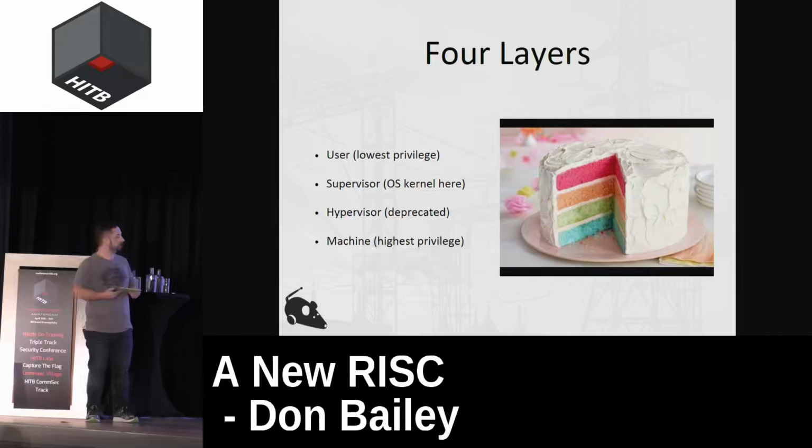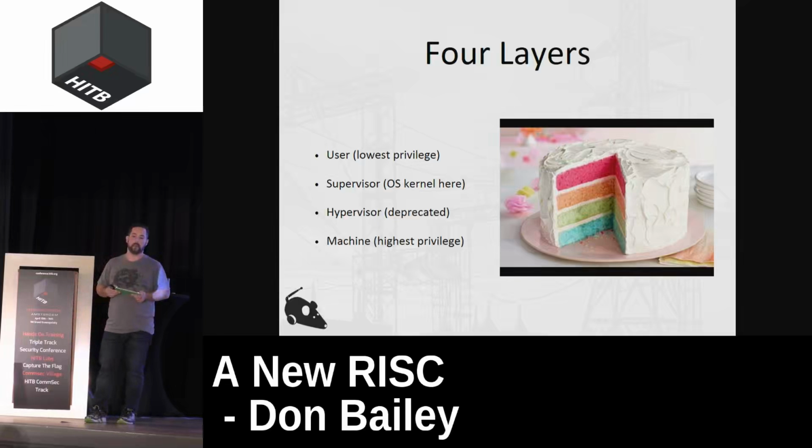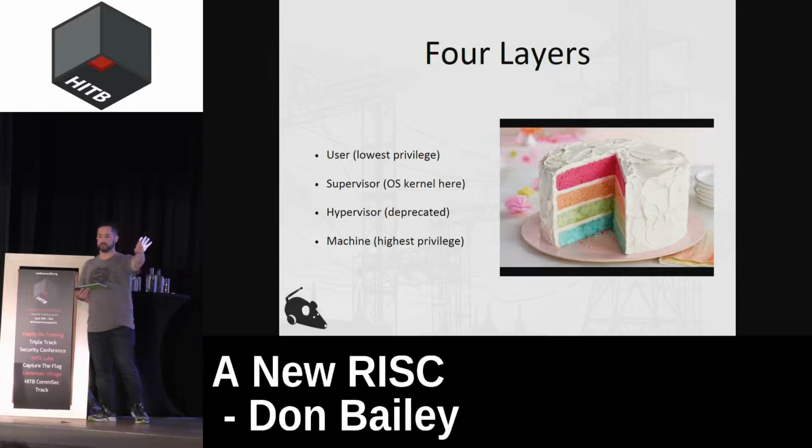So what's cool is the machine layer. The machine layer controls the entire environment, right? And the entire environment being not only physical memory, but all peripherals in the system that you want a supervisor to see. And this is where things get cool, right? Because if you already have the machine layer of instructions executing at the highest privilege, the Linux kernel operating system can't touch it, user land can't touch it.